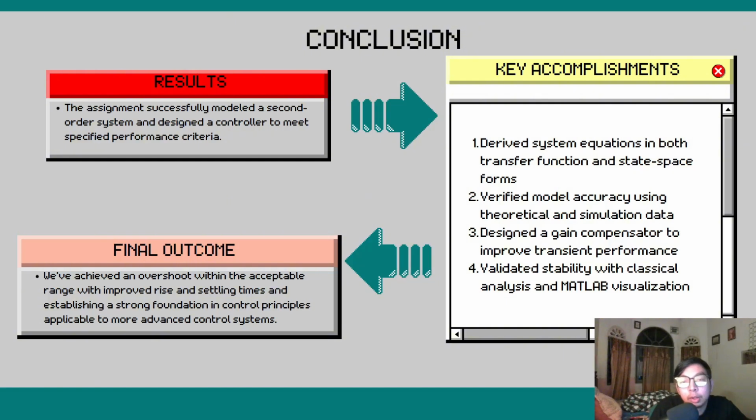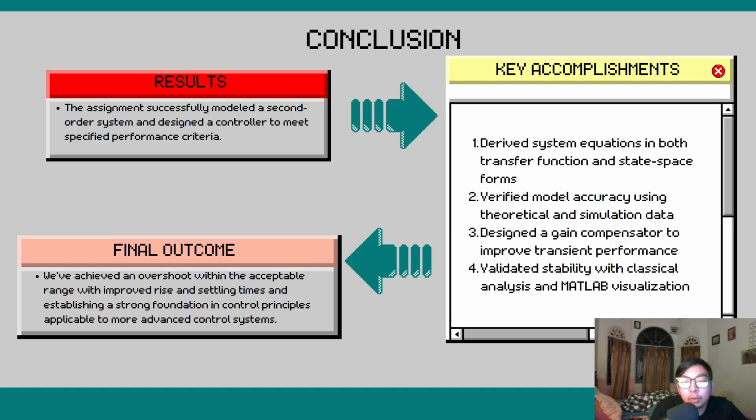So the key accomplishments: first, we derived the system equation in both transfer function and state space form. Secondly, we verified the model accuracy using theoretical and simulation data. Third, we also designed a gain compensator to improve transient performance. Number four, we also validated stability with classical analysis and MATLAB visualization.